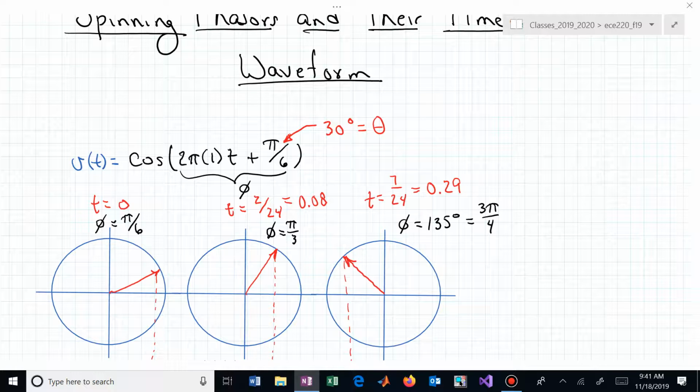The magnitude is not changing. We're just having a magnitude of 1 for this cosine. At a later time, t equal to 7 over 24, and these I've just picked somewhat conveniently, but you can hopefully see that time is increasing. The argument of that cosine is changing. It's now over to 135 degrees, or 3 pi over 4.